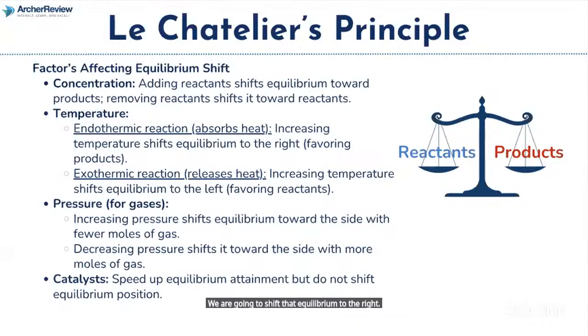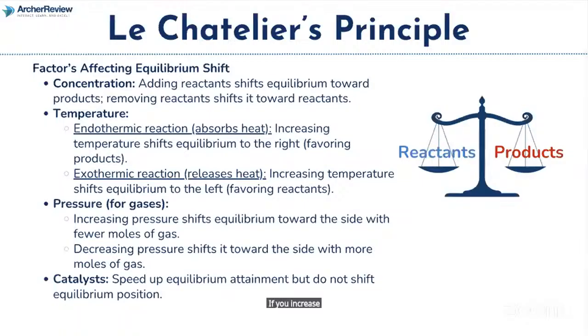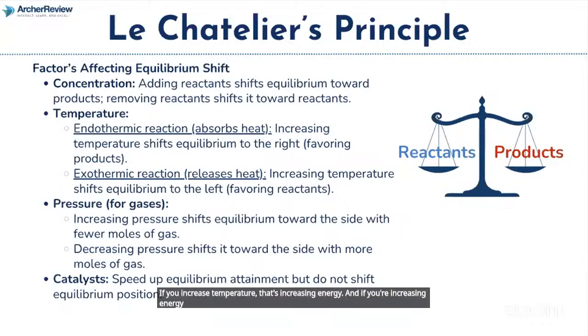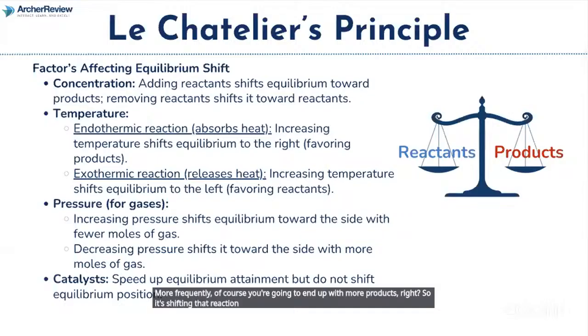Because as we said in the previous couple slides, if you increase temperature, that's increasing energy. And if you're increasing energy in particles, particles are going to be reacting more quickly, colliding, bombarding with each other. So if those reactants are colliding more frequently, of course you're going to end up with more products, right? So it's shifting that reaction to the right.